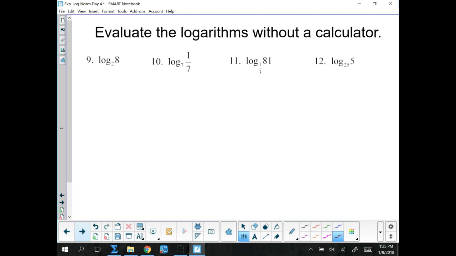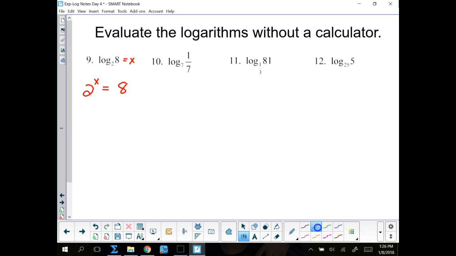We can evaluate logs without a calculator. So basically what I'm saying here is log base 2 of 8, let's set that equal to something. Box, triangle, X, Y, whatever you want it to. So I need the exponent that I'm going to put onto 2 that gives me 8.